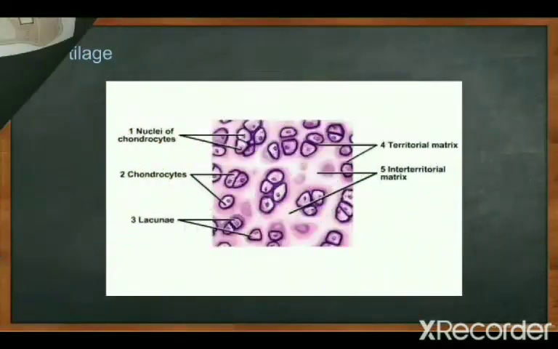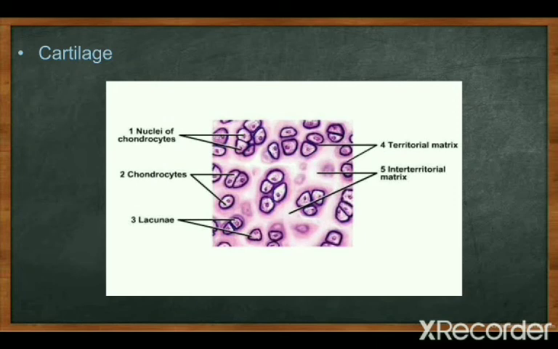Next one, we will discuss about the cartilage. Cartilage is the softest part of our body, just like ear pinna. It gives the elasticity, it means flexibility. The matrix of the cartilage is solid but elastic. The protein which helps for forming cartilage is called as chondrin protein.